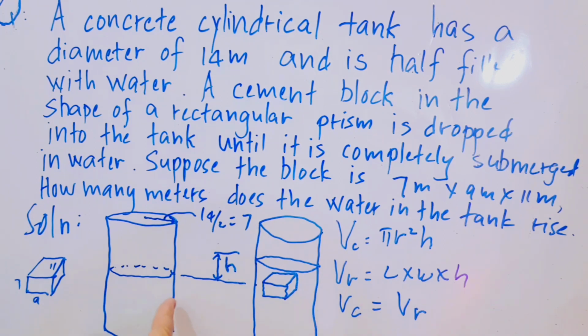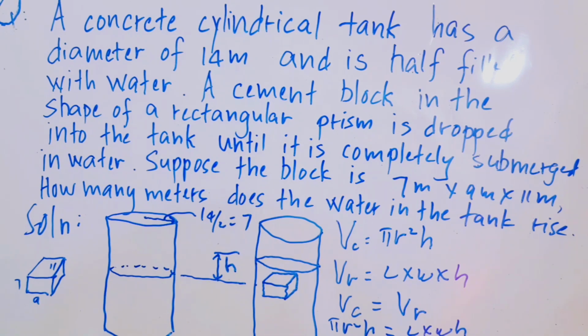Here we have the original volume, pi r squared h, and the volume of the block, length times width times height. Substituting the values, pi r squared h is equal to 7 by 9 by 11. So we have only one variable because r is equal to 7.